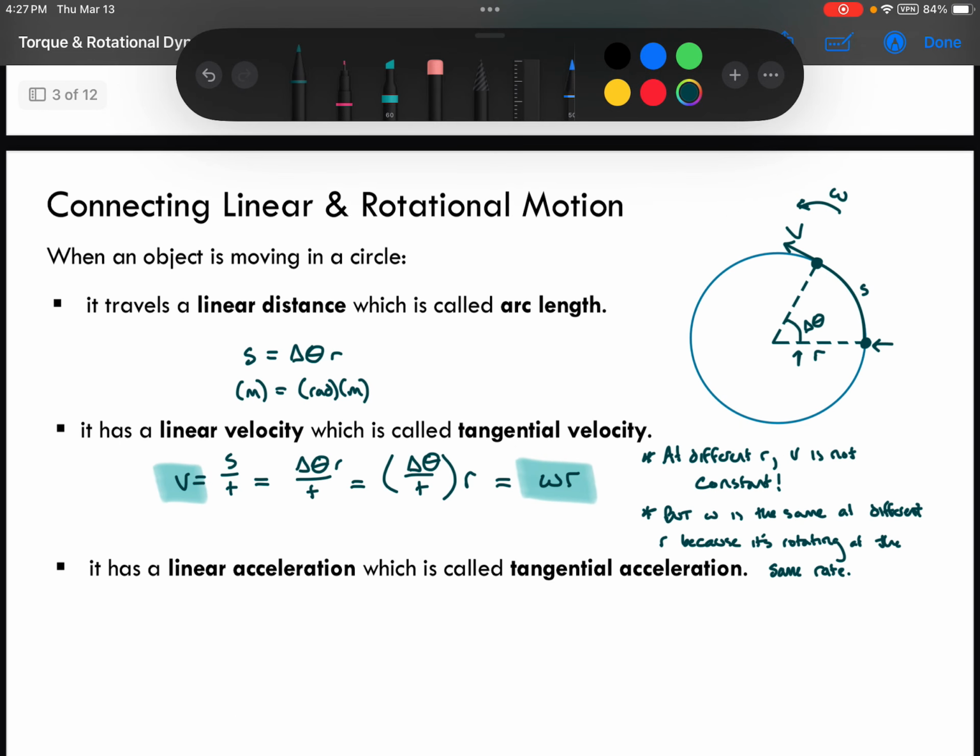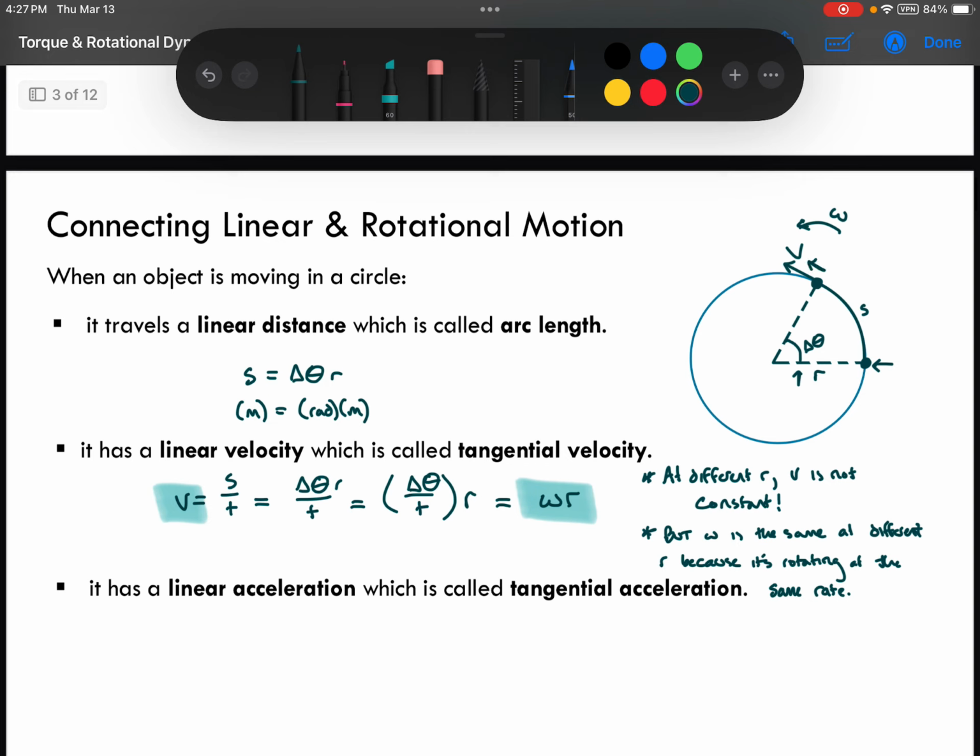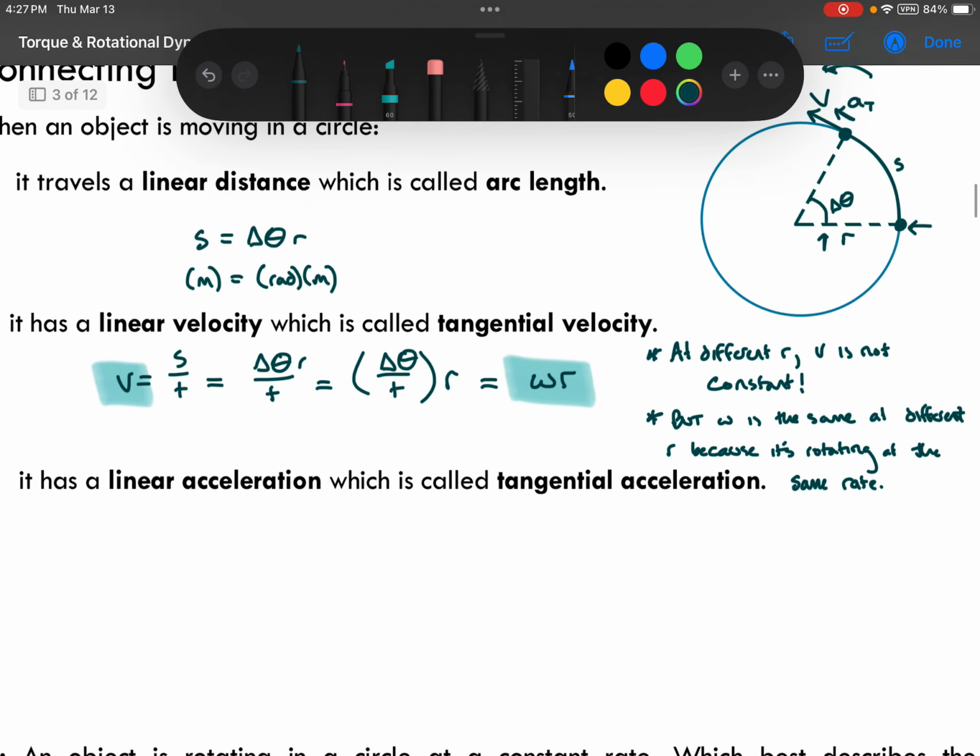All right, last relationship here. We also have a linear acceleration called the tangential acceleration. And that is how the tangential velocity essentially is changing at any given moment. So from previous definitions, acceleration is delta v over t.